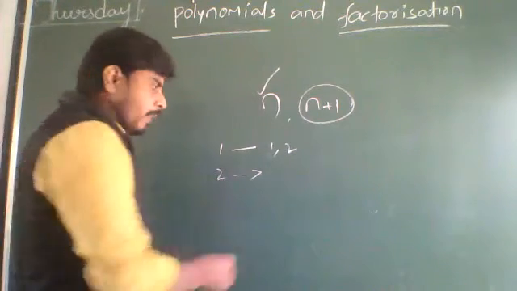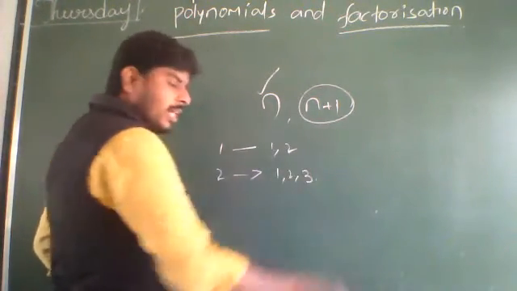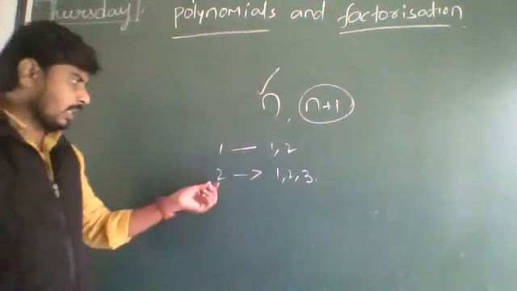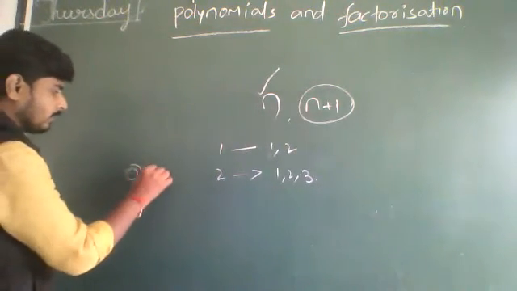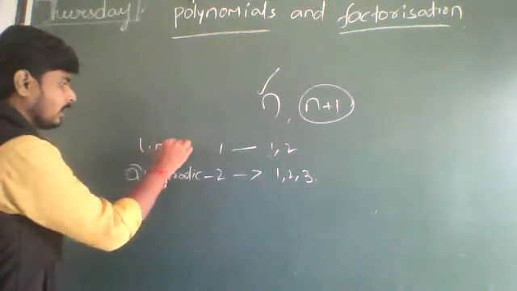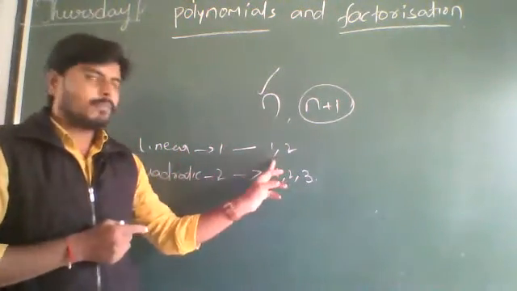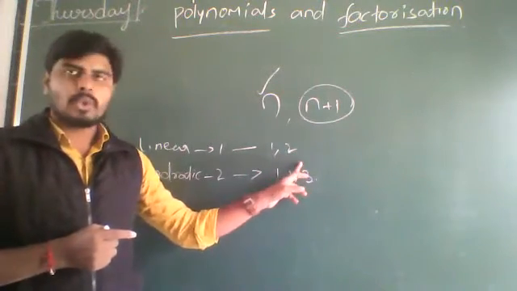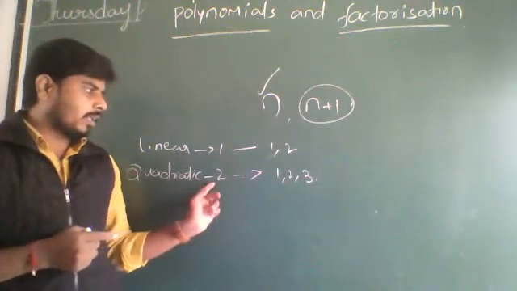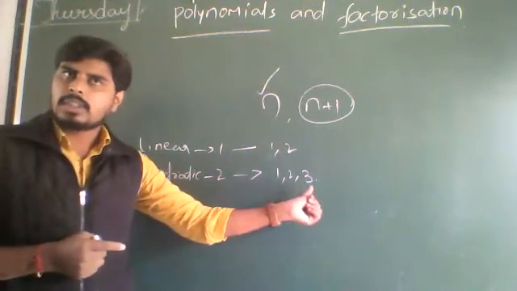It may have one term, 2 terms, maximum is 3. This is quadratic, this is linear. So for degree 1, it may have one term, maximum 2 terms. For quadratic, degree 2, it may have one term, 2 terms, 3 terms.